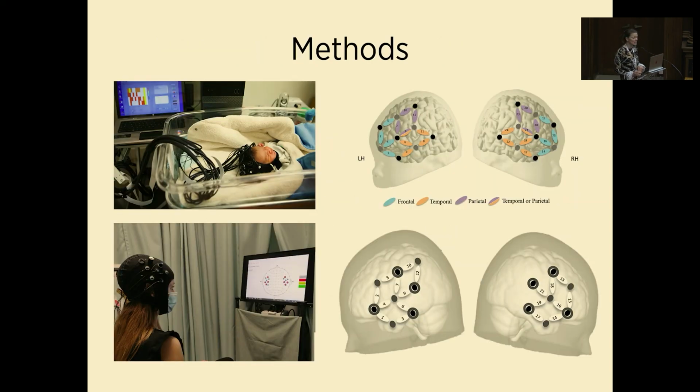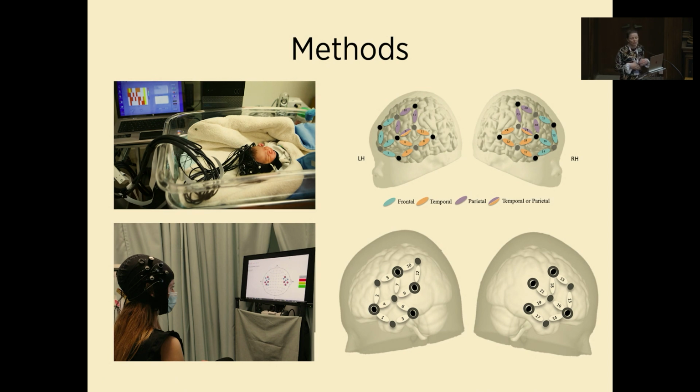So what we did was to test newborn infants at the hospital at birth, so age 1 to 3 days, and adults in the lab. So you see an infant participant, you see an adult participant, and roughly the localization. We are targeting the classical auditory areas in the temporal cortex, frontal and parietal areas.